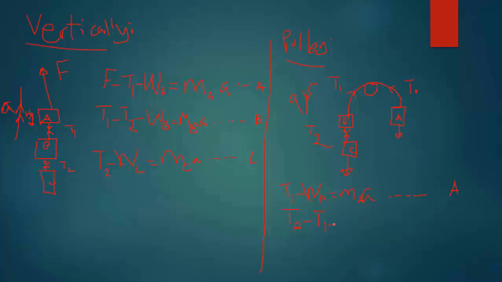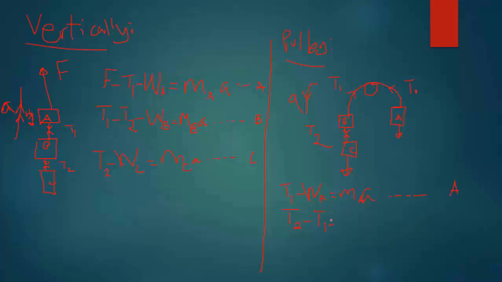Now things are interesting here. Do you think the weight is opposing kwenye B? The weight is opposing, sababu the issue here ni minus forces zinazo oppose. Do you think the weight is opposing? No, the weight is not opposing. Sawa? The weight is not opposing. So the weight is actually supporting the motion.